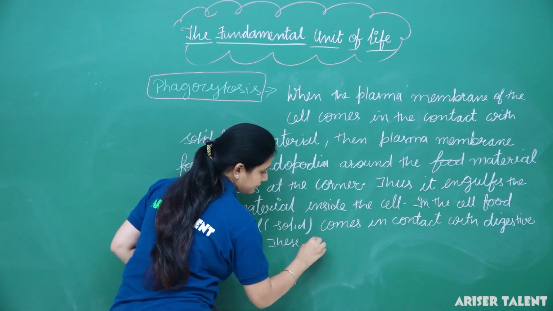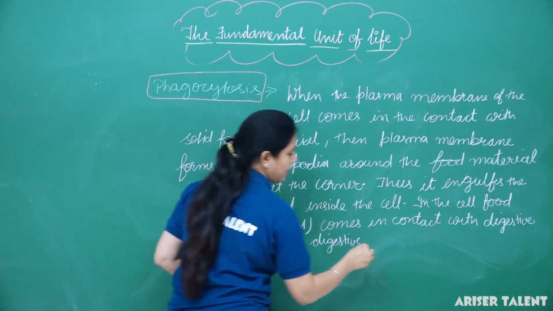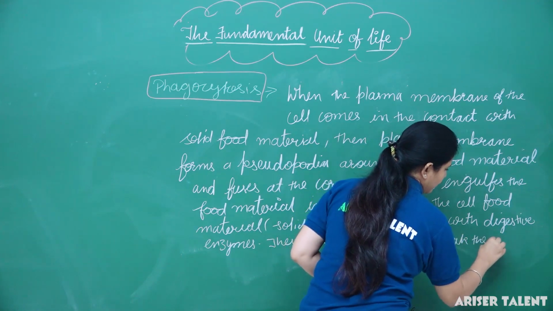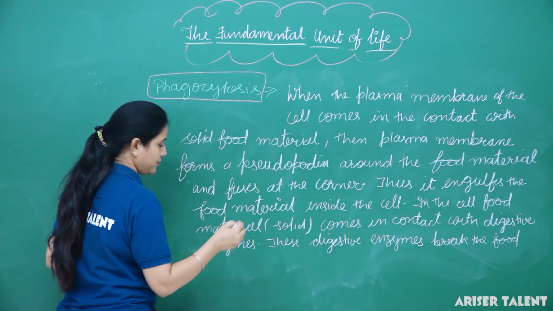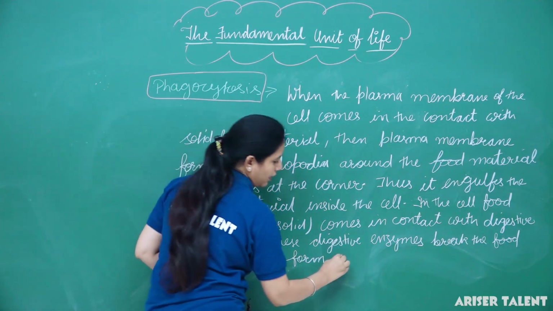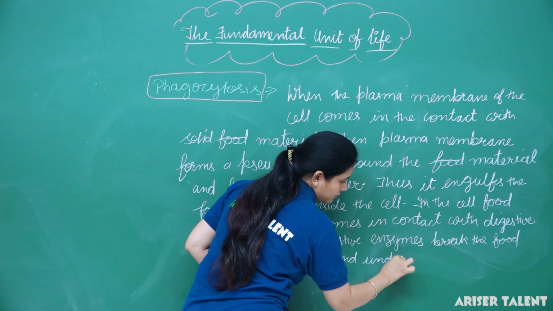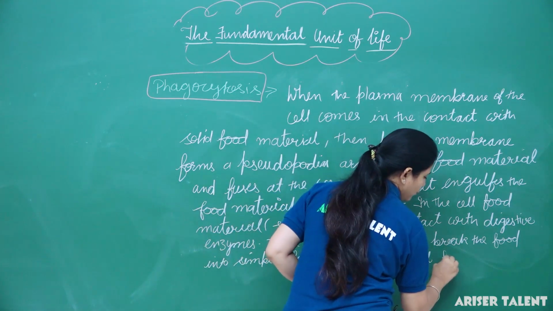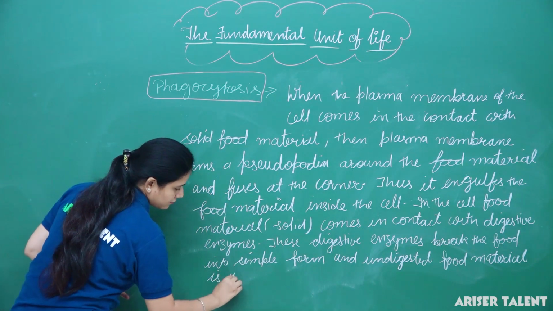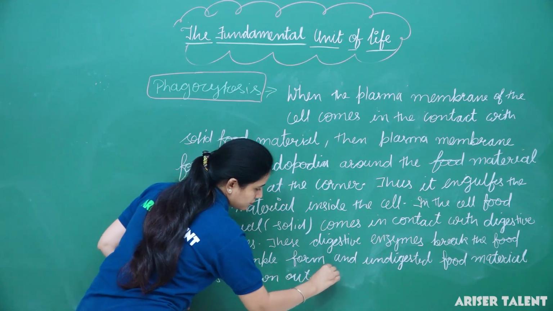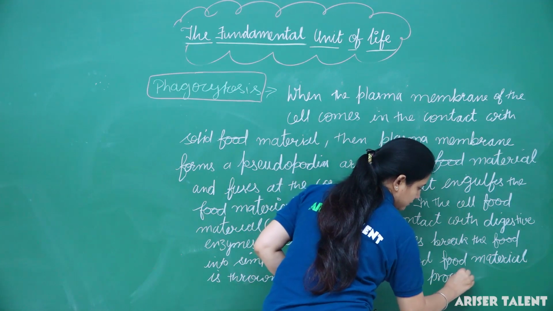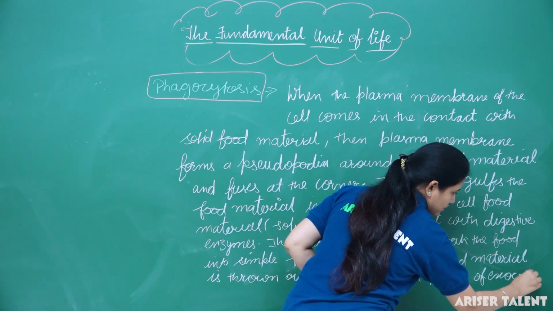These digestive enzymes break the food particle, or we can say enzymes break the food into simple form, and undigested food material is thrown out of the cell by the process of exocytosis.